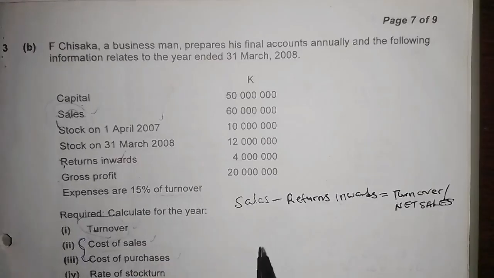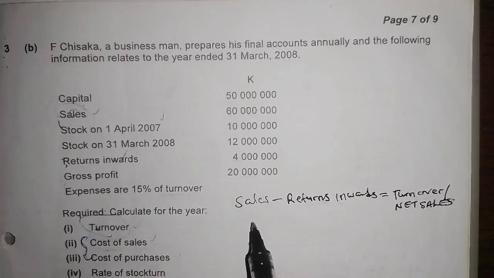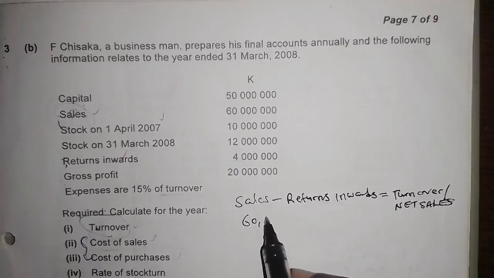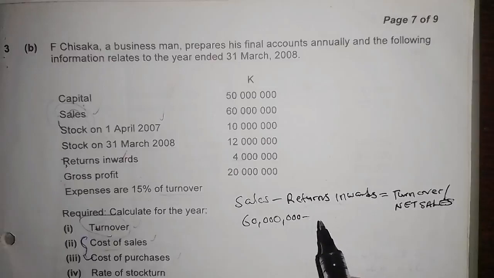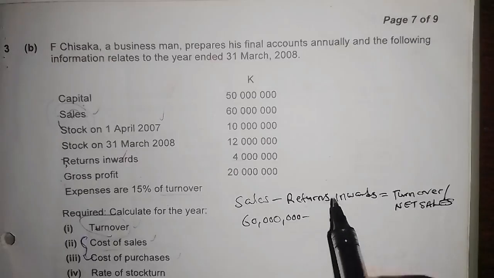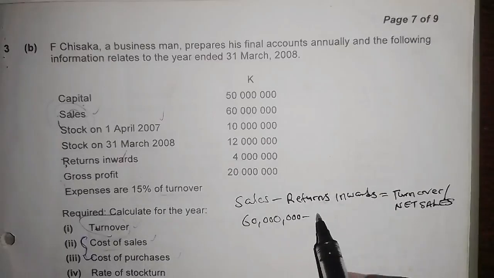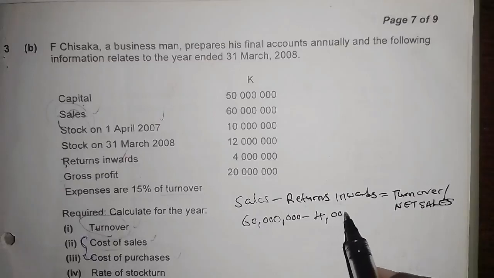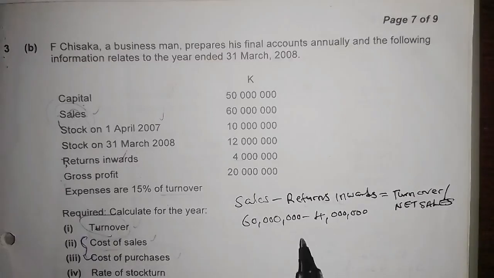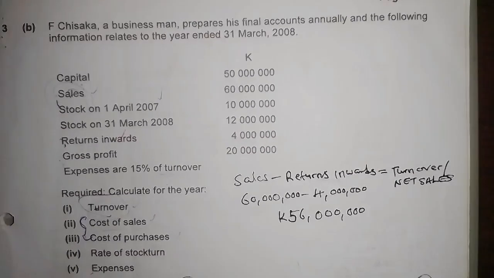So from this simple information, we have the sales as 60 million, and also returns inward is 4 million, and this will give you 56 million.